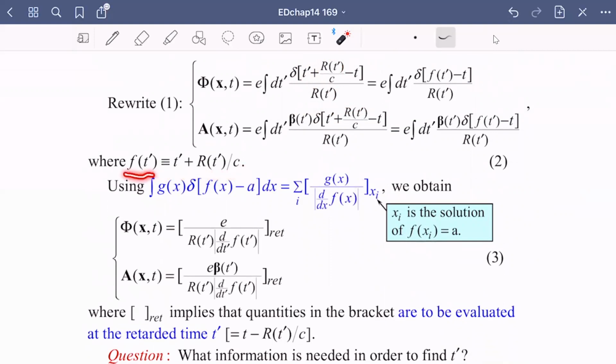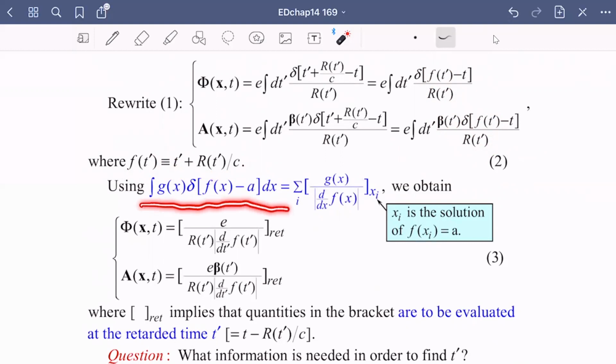The definition of f of t prime is here. So we just rewrite this equation into this form.